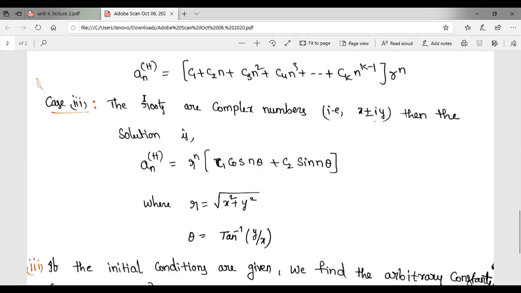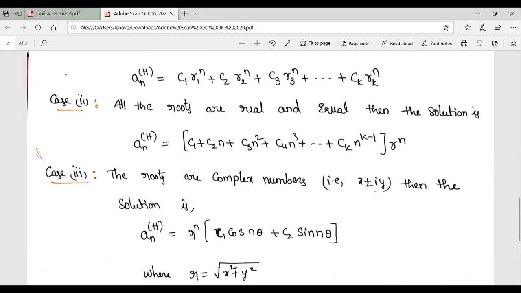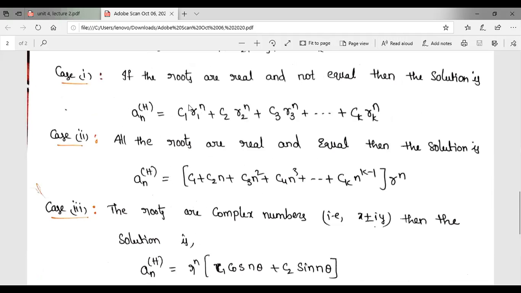So how do we solve a linear homogeneous recurrence relation? First we write the degree of the given recurrence relation and then write its characteristic equation. We solve that characteristic equation and get the roots.